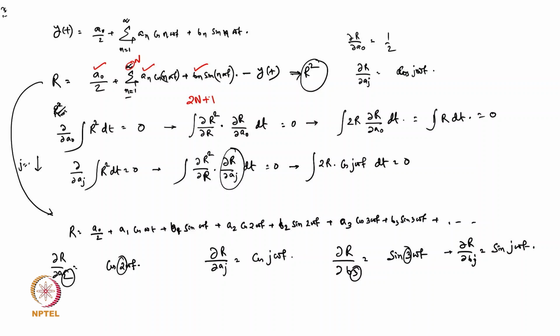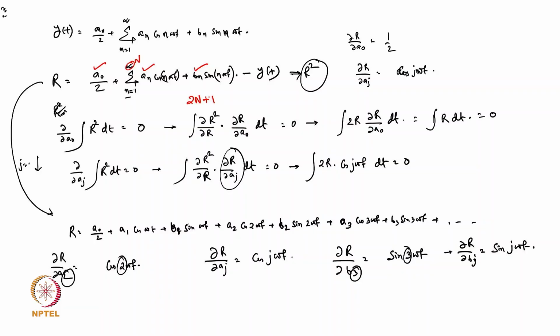Clear? I think now it is crystal clear. Nobody will have any confusion after that. Good. Perfect. So we see why it is coming like that. Exactly in a similar manner we will get integral 2r sin j omega t dt, that will be equal to 0.